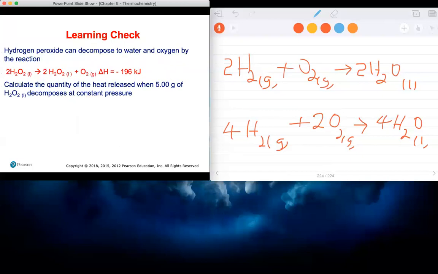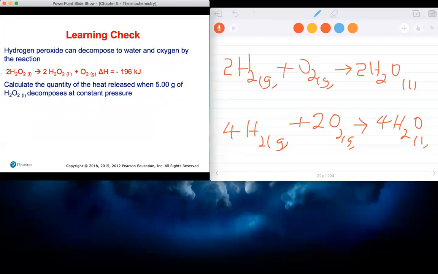Now, hydrogen peroxide can decompose to water and oxygen gas by the reaction. You are given the equation, all right? Calculate the heat released when 5 grams of peroxide decomposes at constant pressure.